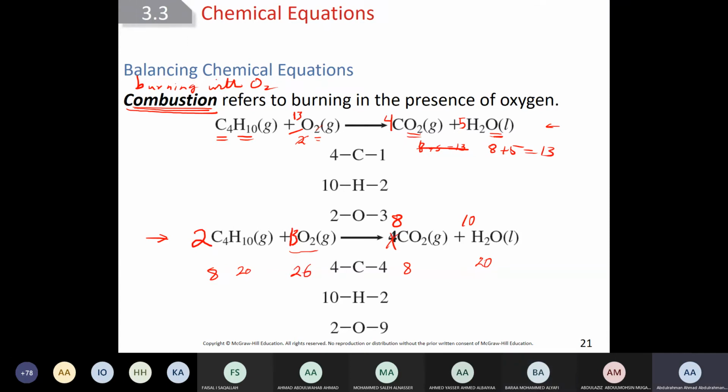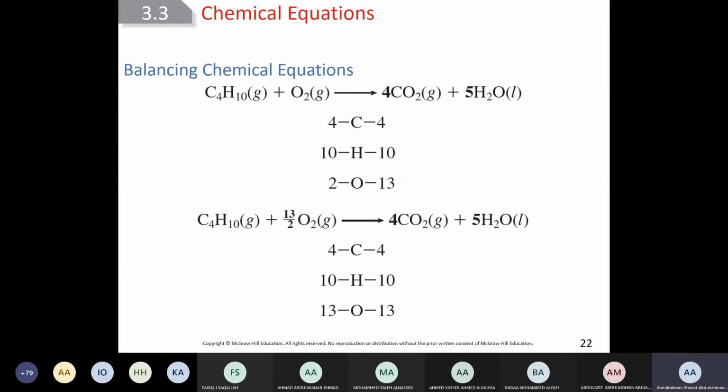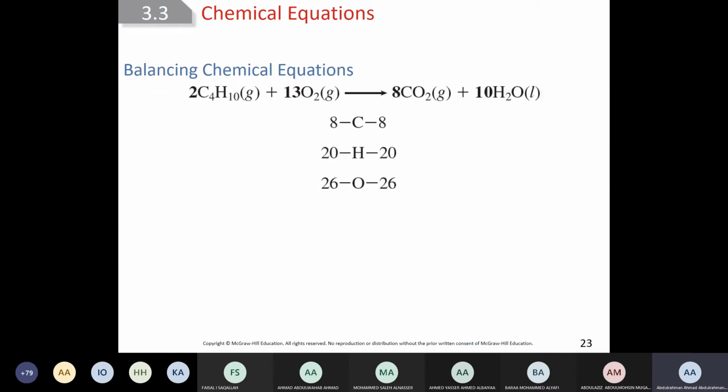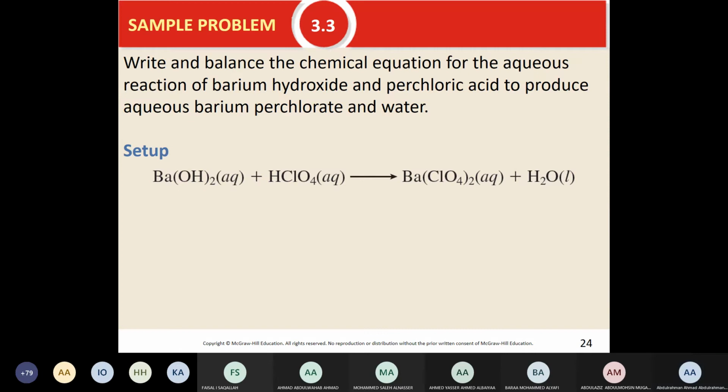How about here? I have 16 on this side plus 10 atoms, which is a total of 26. Is this balanced? Yes, it is. And that's how you do it. Good, and that's the answer.